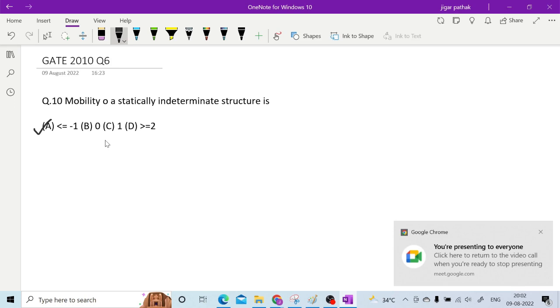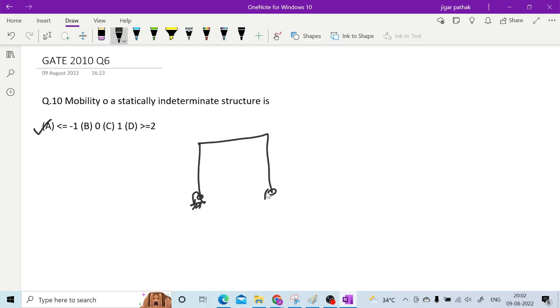structure, right? An example of this can be given by this. If you want, you can have the structure this way. These are all link number 1, as it is the fixed link.